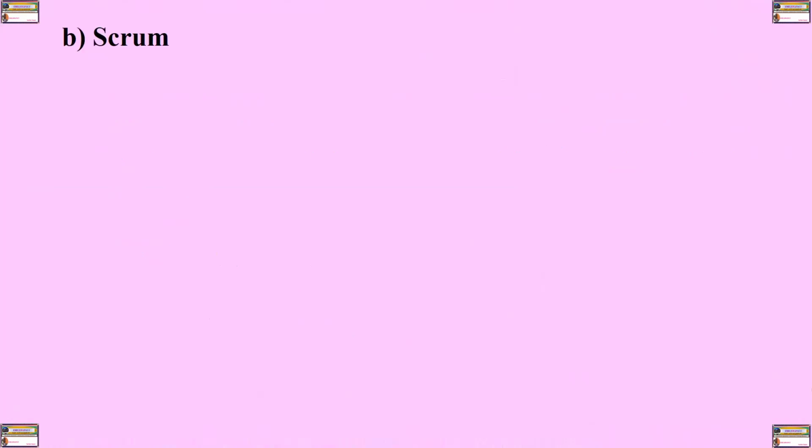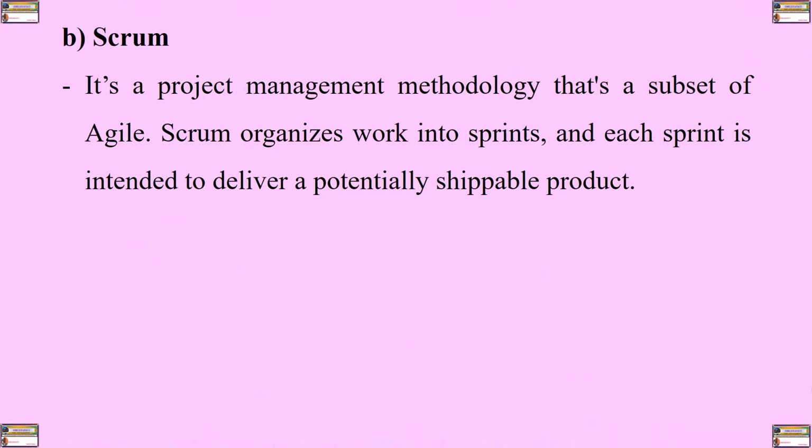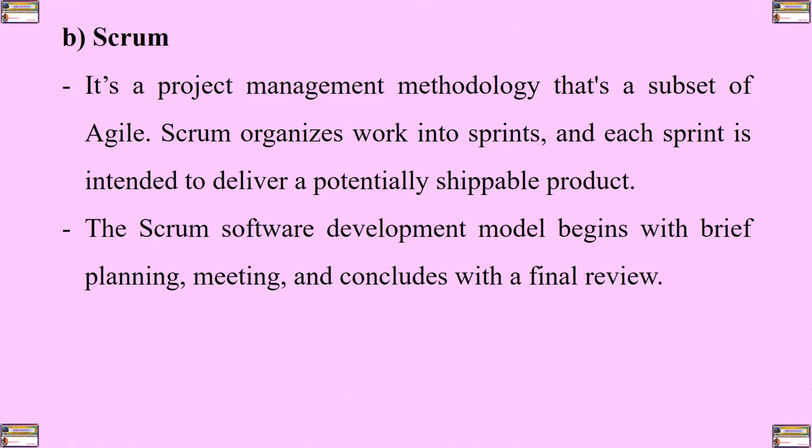Number 2 is Scrum methodology. Scrum methodology is a project management methodology that's a subset of Agile. Scrum organizes work into sprints, and each sprint is intended to deliver a potentially shippable product.